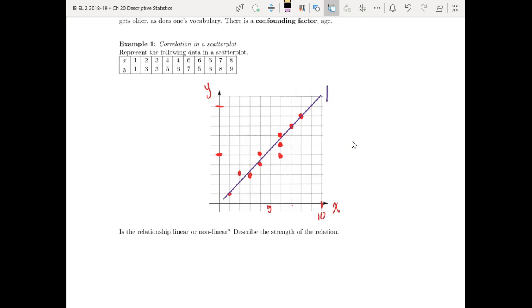But you can see here that we've got a linear relationship. How would you characterize it?